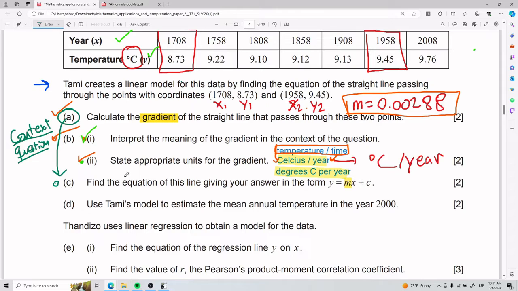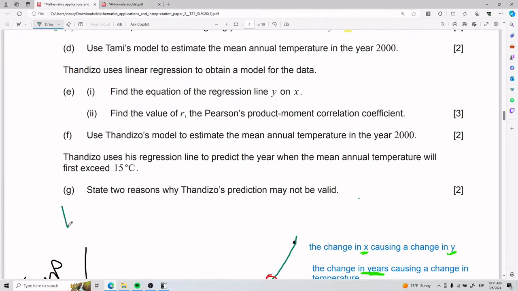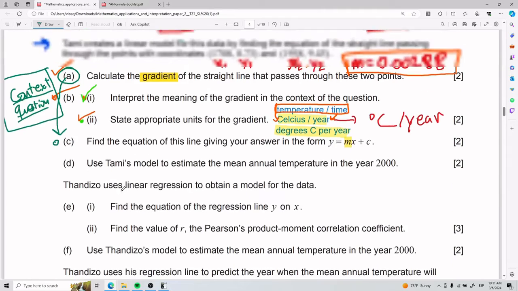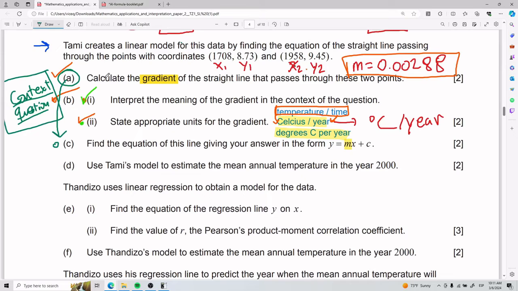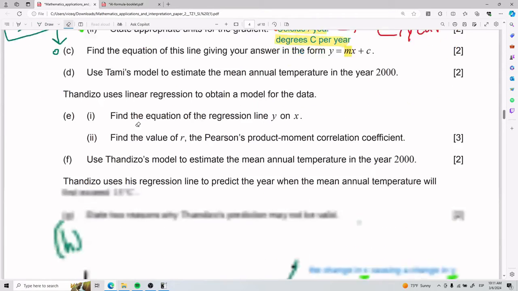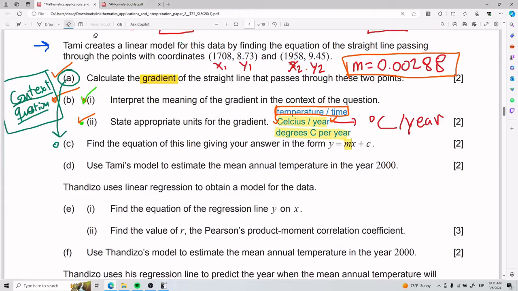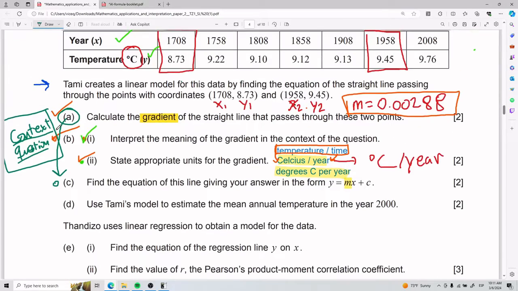This could have been the last part, like H or whatever, and that wouldn't change your process. It helps you understand better, yes, but it doesn't change your process. So it's good to notice which parts need each other and which don't, and use that as a hint. I just added a tool to your toolbox. I hope it helps. Whatever, part C, find the equation.